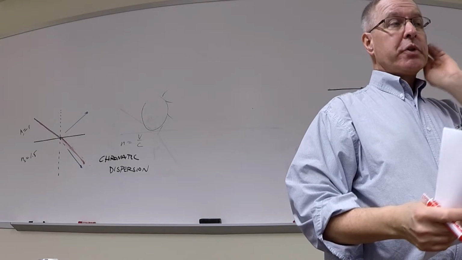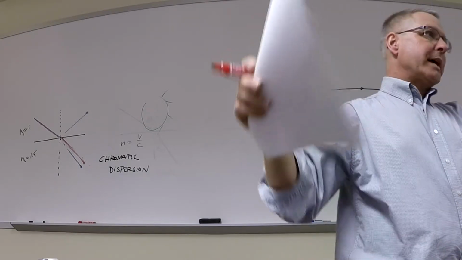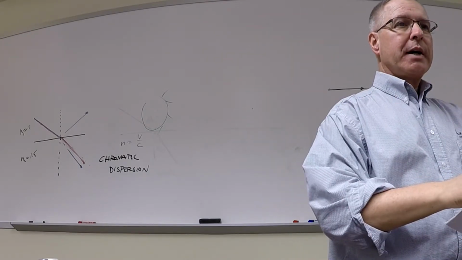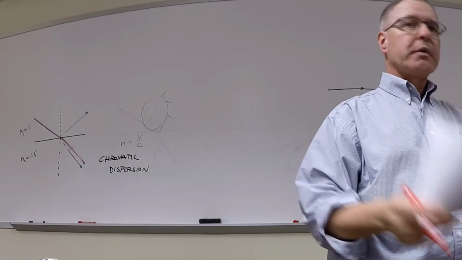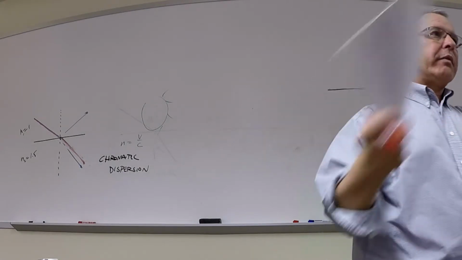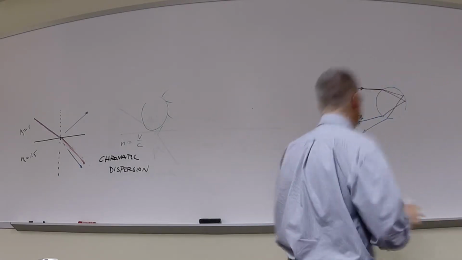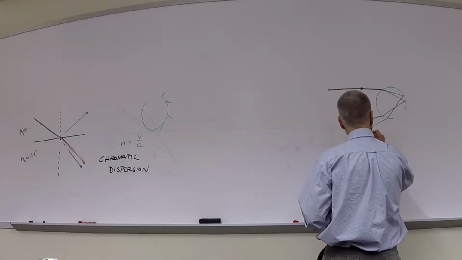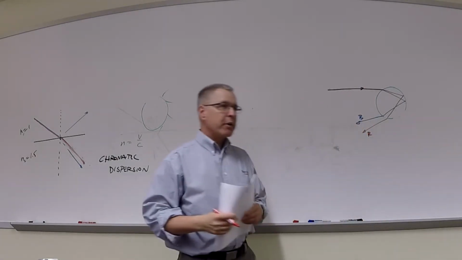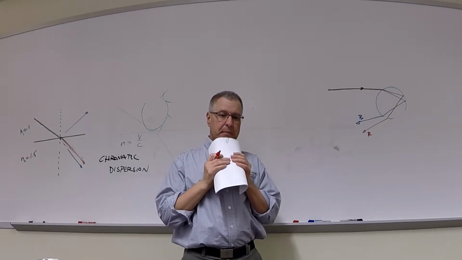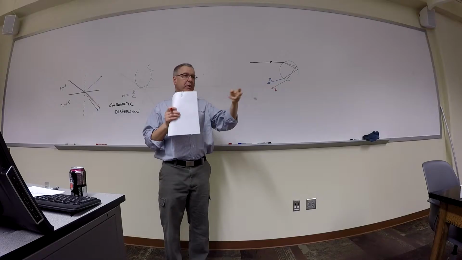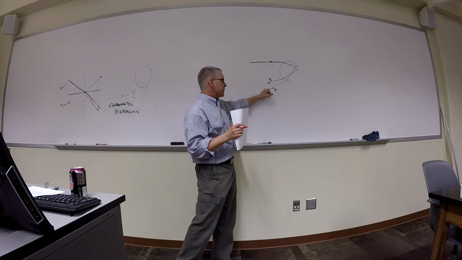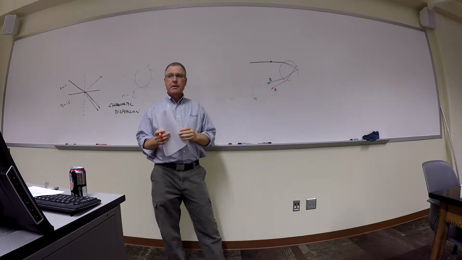A lot of times what you'll hear scientists talk about is one side is the red side, the other side is the blue side. So a lot of times red and blue are used for distinguishing long wavelength versus short wavelength. So there's what comes out of the raindrop. And we've got that chromatic dispersion. The whole Roy G. Biv is in between these.